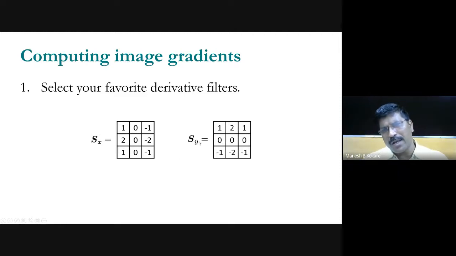Whereas with Sy, you are going to detect the horizontal edge. That is what I wanted to say in the earlier slide also. So here you detect the vertical edge, here you detect the horizontal edge, and so on. Keep that in mind.